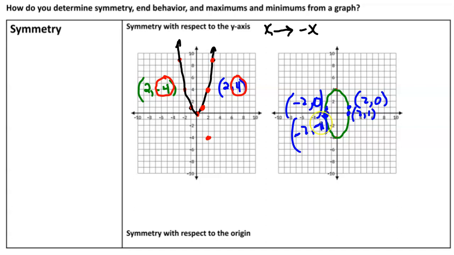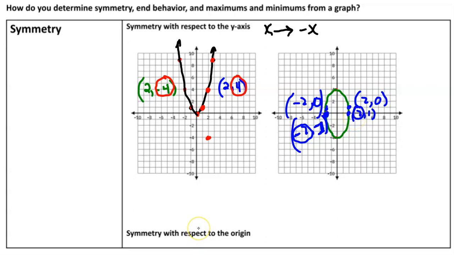This is negative 2, 1. So notice the x's are negated, and that's y-axis symmetry. And you can see that you could fold it over the y-axis because it has y-axis symmetry. Now, this one here also has x-axis symmetry, and we'll talk about that in a few minutes.